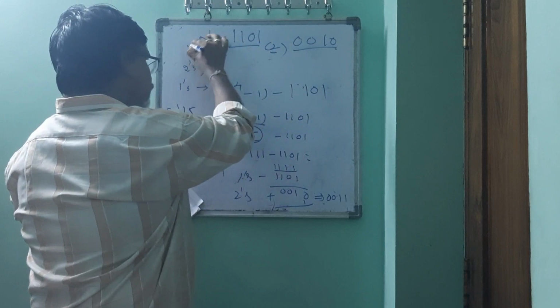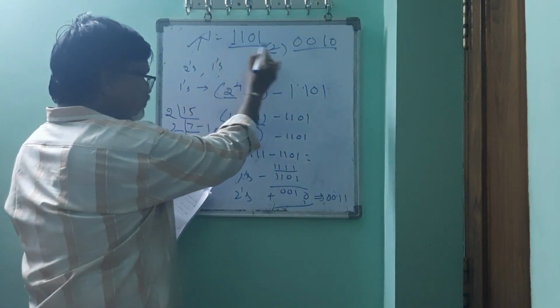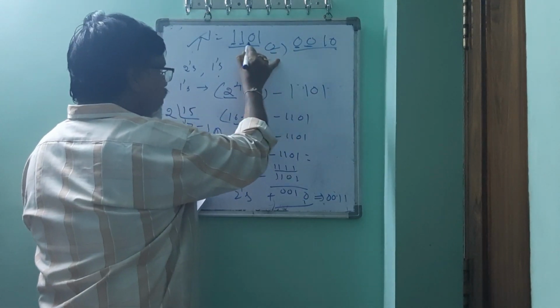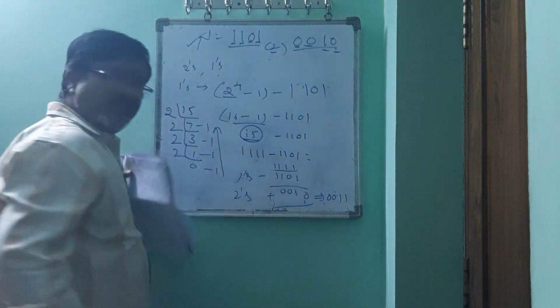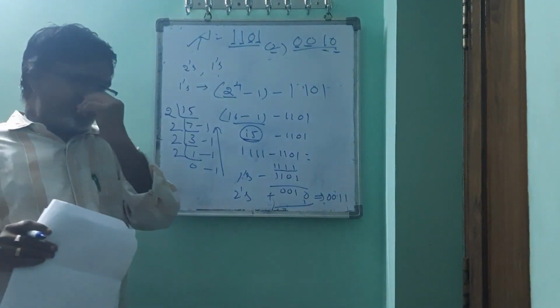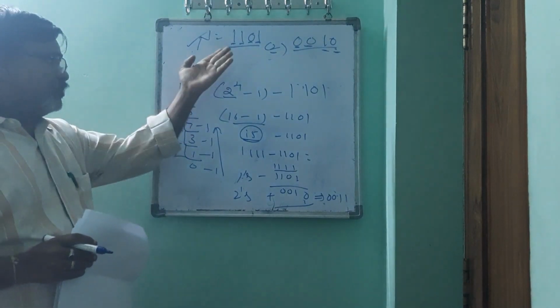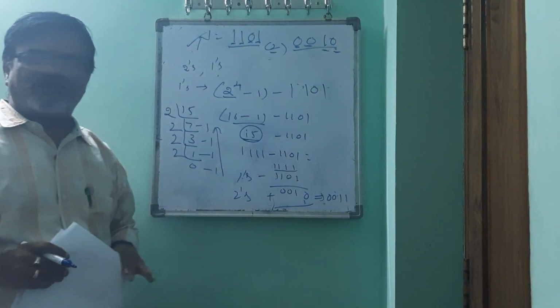So if you want to get the 1's complement of any binary number, simply change all the 1's to zeros and all the zeros to 1's. That is nothing but the 1's complement.